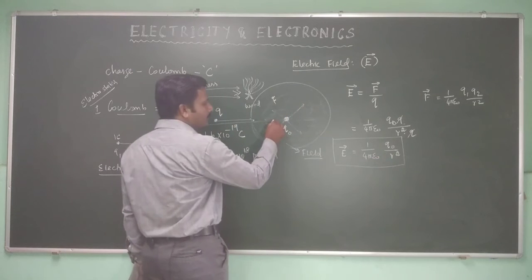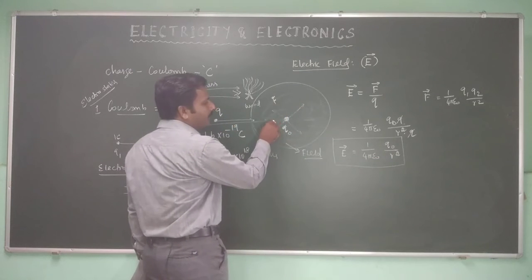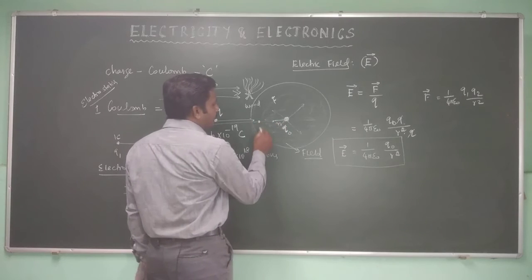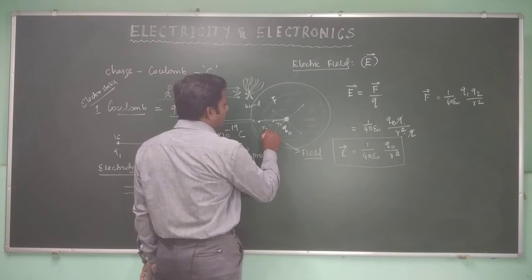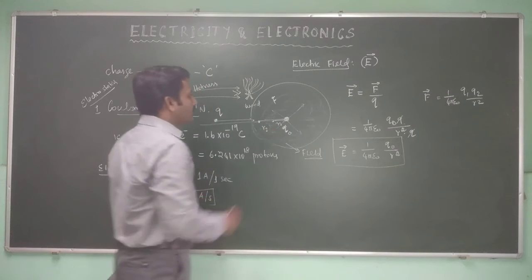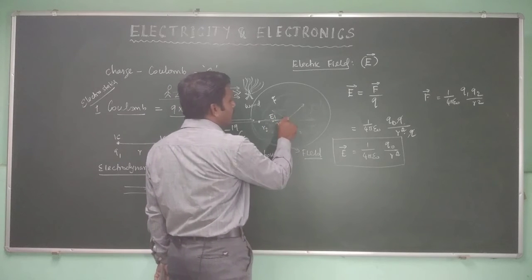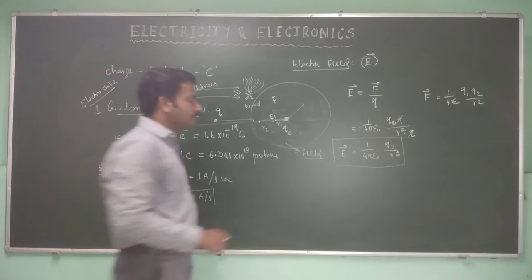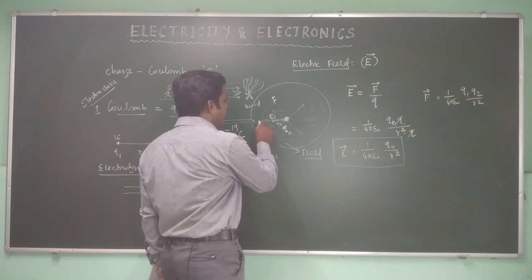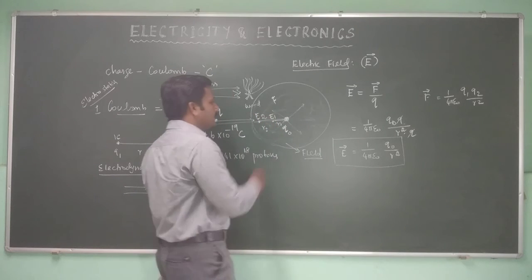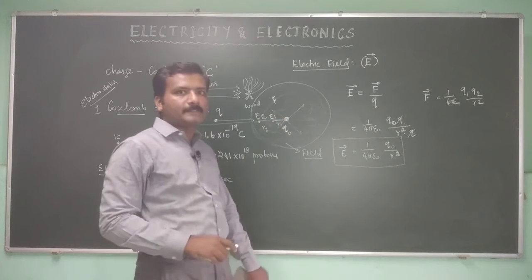Suppose I am measuring the field at this point, this is R1. In another case, I am measuring the field at this point, R2. What would be the field at this point? The field E1 at the distance R1 from the point charge is higher when compared with the field E2, which is measured at the distance R2 from the point charge.